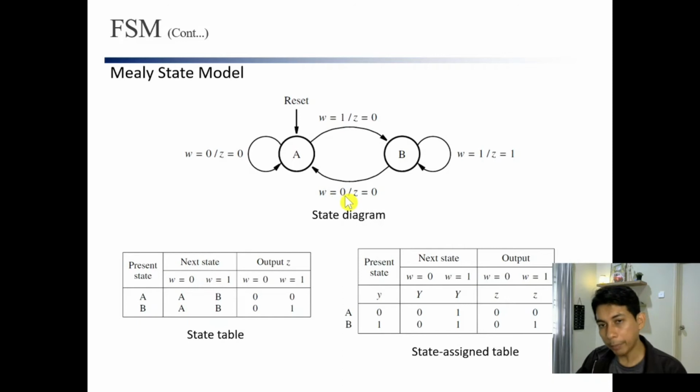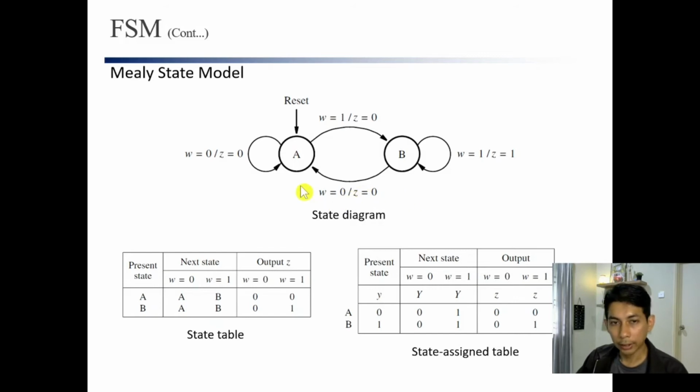So for some applications, a Mealy state machine may give you a more optimized circuit, I mean, a lower cost circuit. Because when you have 2 states, you need only 1 flip-flop to represent your state, 0 and 1.